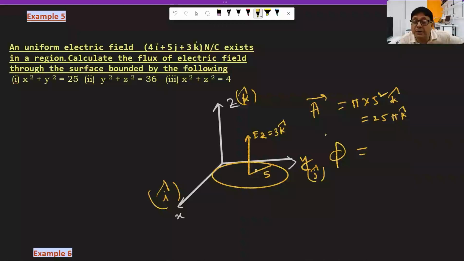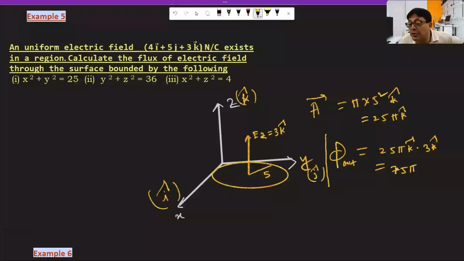Phi going to be what? Phi out, out means radially outward, is going to be equal to 25 pi k dot 3k. E dot A or A dot E, same thing. So 75 pi k cap dot k cap.